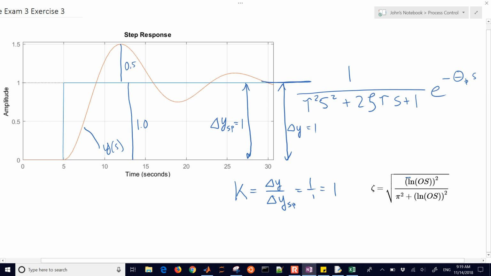And so if I plug this in right here, the natural log of 0.5, that's negative 0.69, and then if I square that, that's going to be 0.48, and then I'll also have 0.48 here as well, and then I'll just plug this in and then come up with zeta is going to be 0.215.